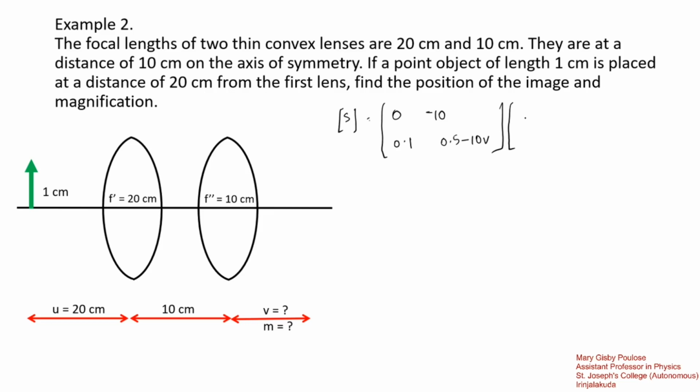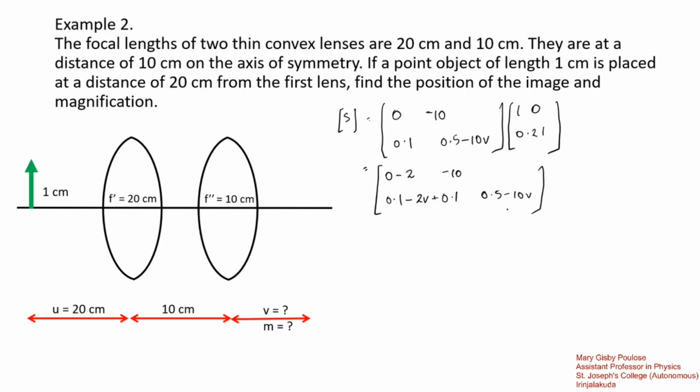Into matrix 1 0 0.2 1. Okay. Again, taking products, I can write 0, minus 2, minus 10, then 0.1 minus 2v plus 0.1, and the next term 0.5 minus 10v, right?